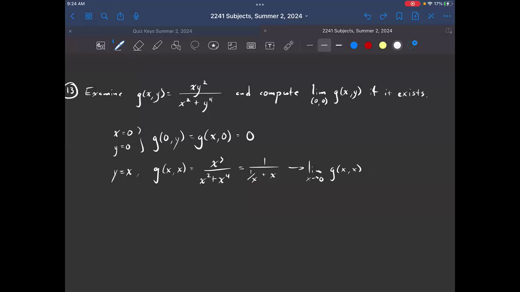And now I have limit as x goes to 0 of g of x. And now I want to divide by x one more time. So 1 over x over.